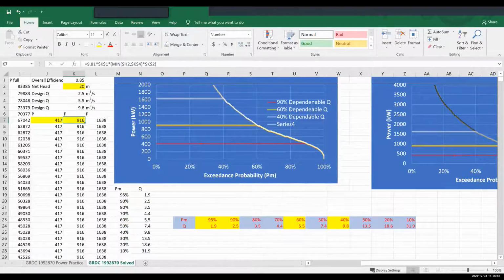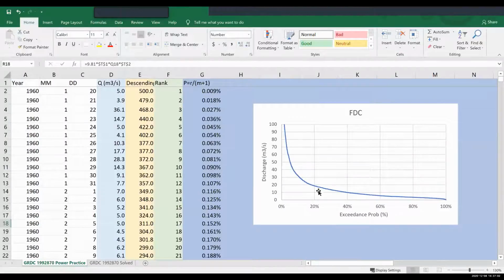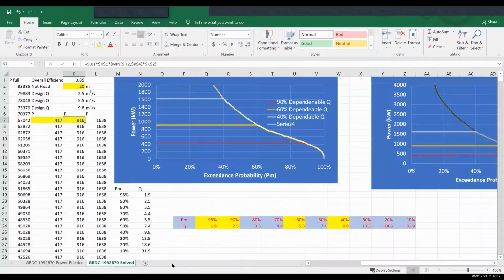So basically, based on this flow duration curve that you make here, you can select your design discharge. Whether you want to design for 90% dependable, where 90% of the time you get this power, 60% dependable, or 40% dependable.